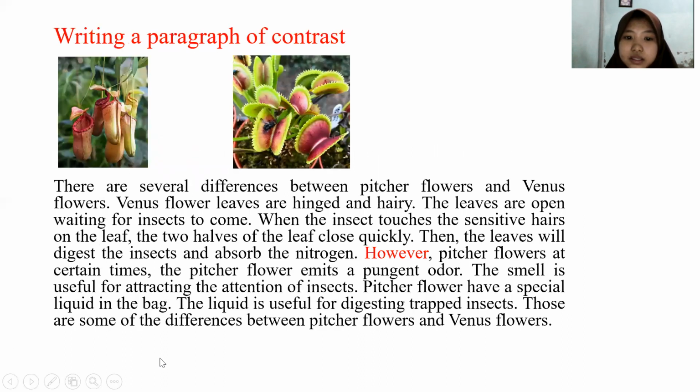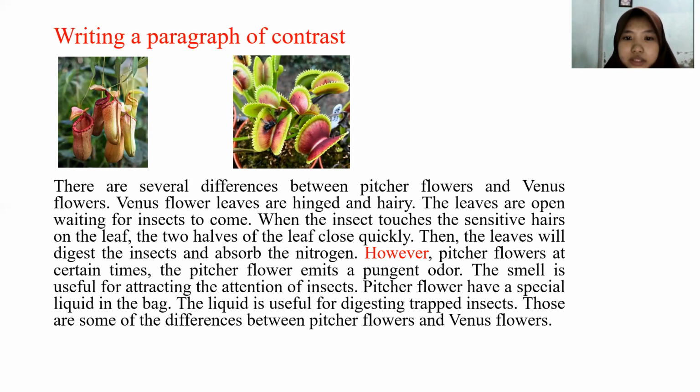All right, next is writing a paragraph of contrast. There are several differences between pitcher flowers and Venus flowers. Venus flowers' leaves are hinged and hairy. The leaves are open, waiting for insects to come. When the insect touches the sensitive hairs on the leaf, the two halves of the leaf close quickly.